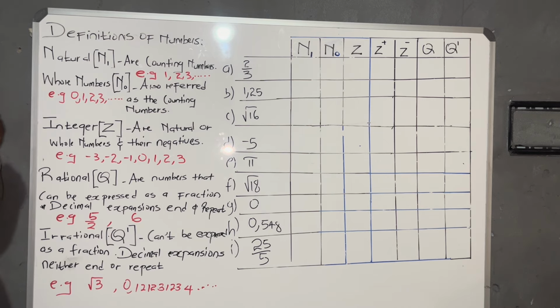Definition of numbers. This is what we have. We are going to deal with natural numbers, whole numbers, integers, rational numbers, and irrational numbers. So I'm going to try to define everything, simplify it, then we can go to the table.